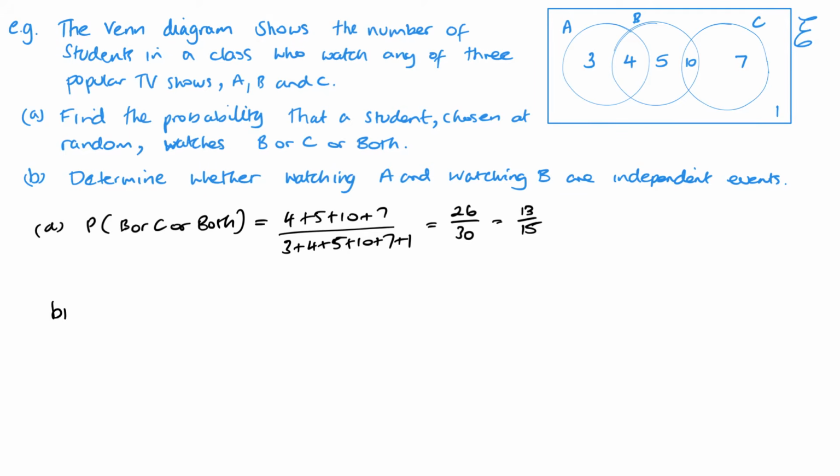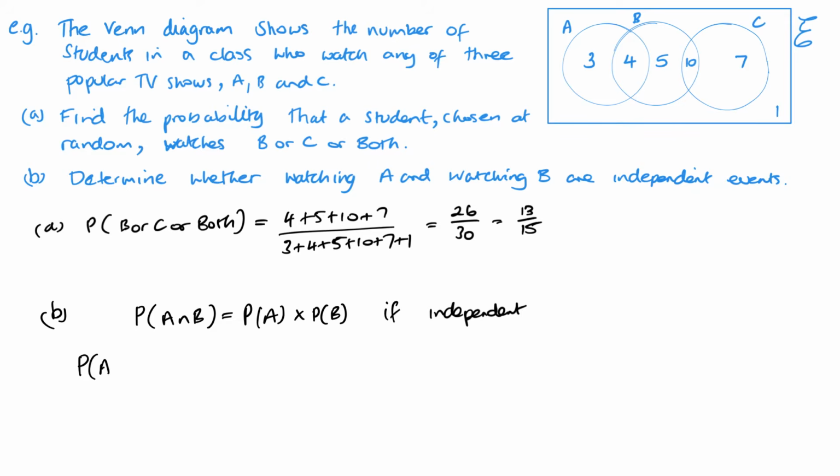Now, part B is determine whether watching A and B are independent events. So for this, we need to think that the probability of A intersection B is equal to the probability of A times the probability of B if independent. And I do like to put that down when I start to work this out.